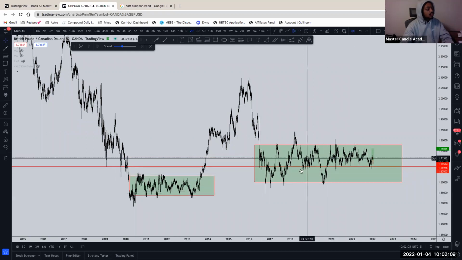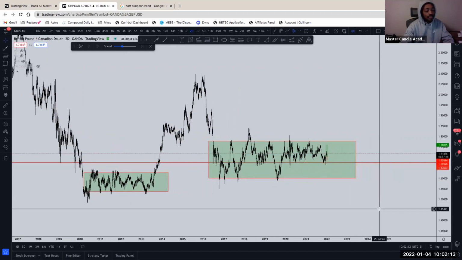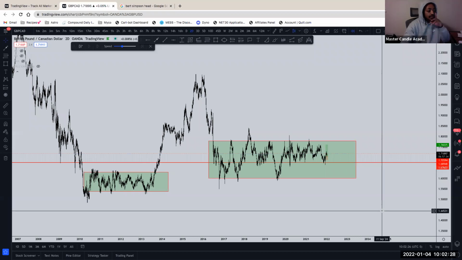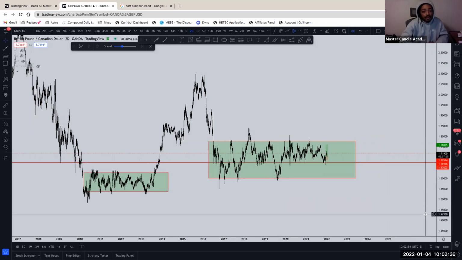If we still were unsure of which way this market was going, what type of market structure are we seeing being created in this market? Let's see who understands what I'm asking. What type of market structure are we seeing being created within these zones of this market? Keywords, market structure. What kind of structure is being presented?